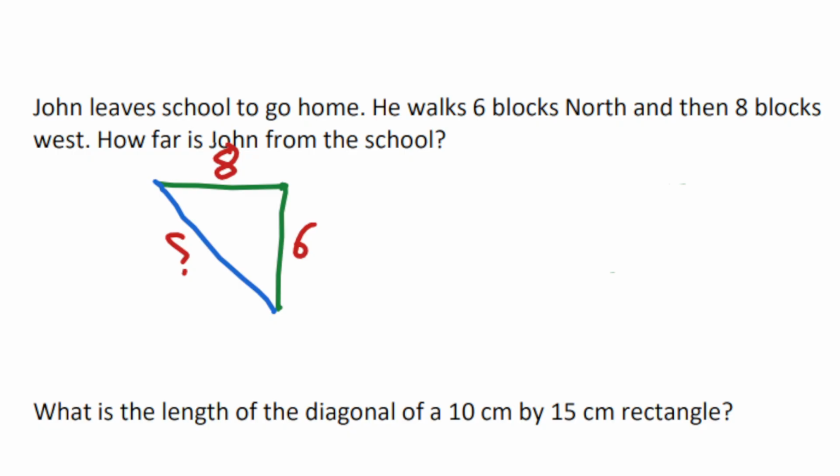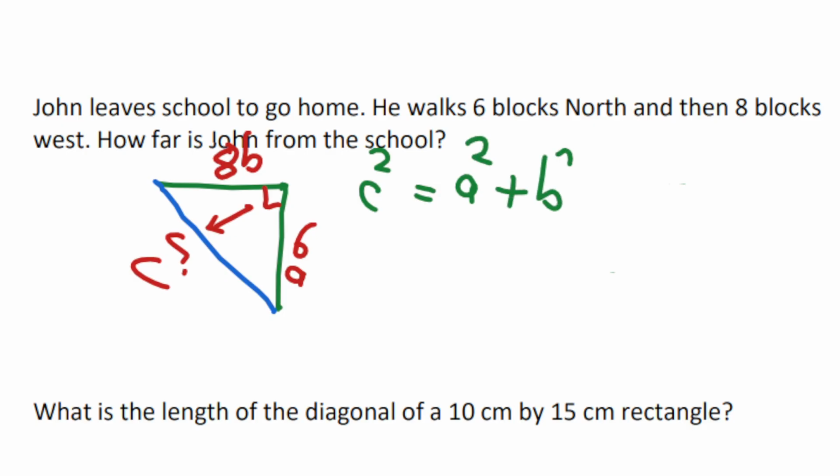We did a similar question, right? Now here, this is a right angle. So this is C. That's A, that's B. Just to remind you, A and B don't matter. You can just write it here or there. So C squared is A squared plus B squared.